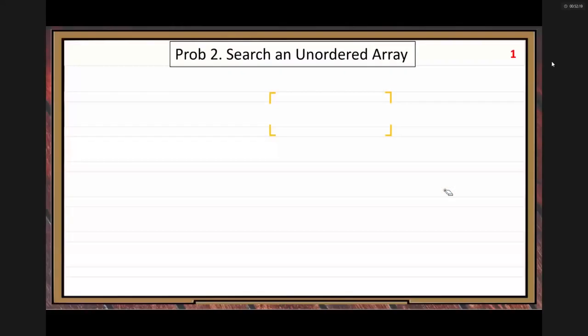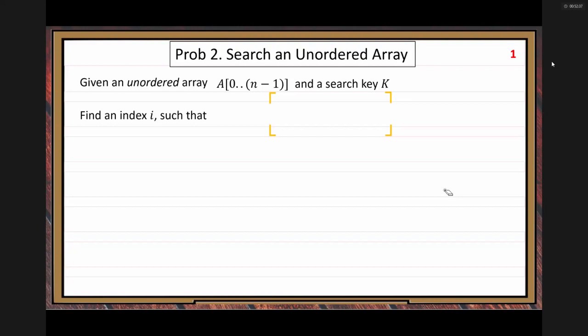Problem number 2, search an unordered array. Given an unordered array, we use this representation, and a search key K. Find an index I such that K equals A of I. The search question, as simple as this.